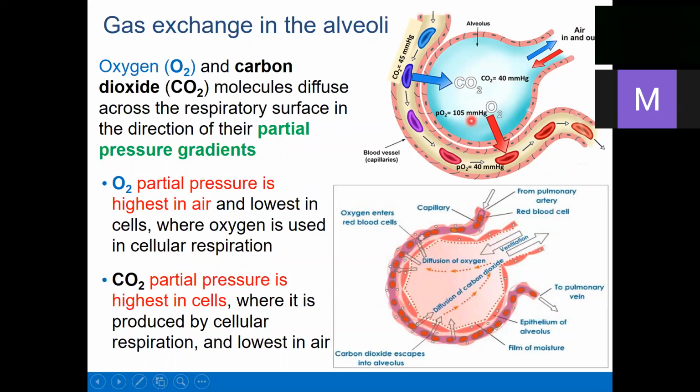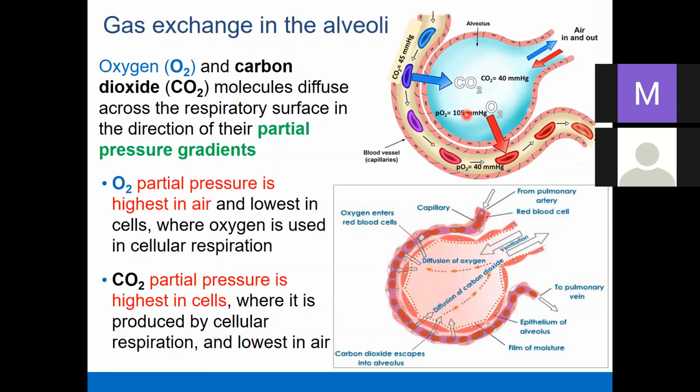Outside of our body, the atmospheric pressure is 160, in our alveoli it is 105, but in the blood circulation, the oxygen partial pressure is 40 millimeters of mercury.